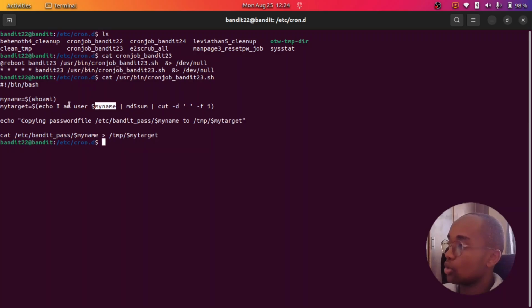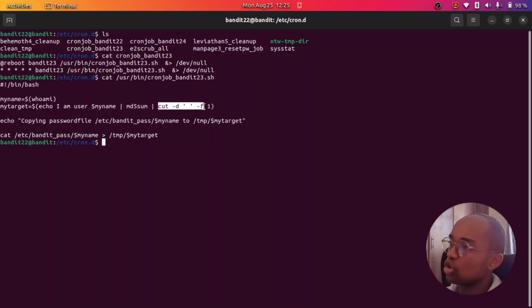We take that and pass it through this pipe, so we hash it using MD5. That is what MD5 sum does.